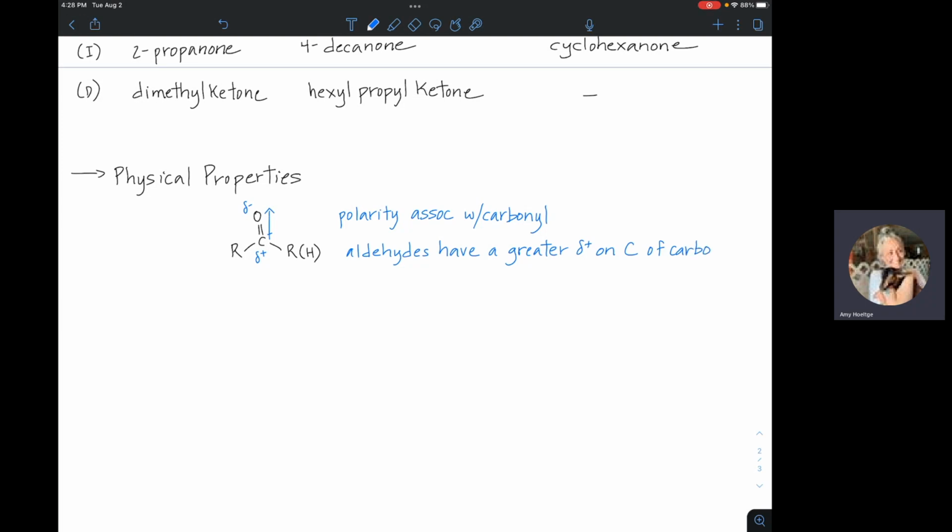So all other things equal, if you have an aldehyde or a ketone and that R on the left-hand side is the same, so we're comparing apples to apples here, if I have an aldehyde and over on the right it's just a hydrogen, then the partial charge on the carbonyl carbon is going to be greater than if I had a ketone. So what does that mean? It means that these are going to be more reactive toward nucleophilic attack.